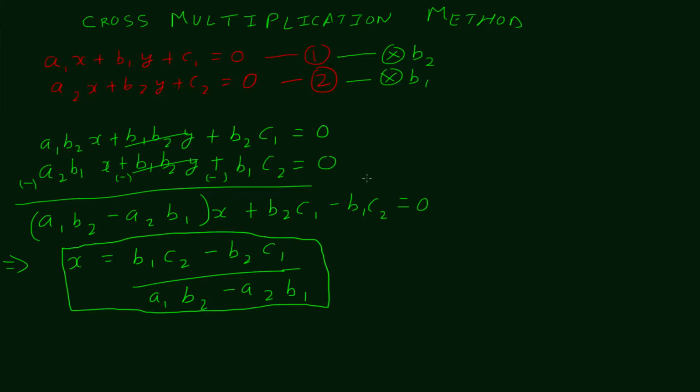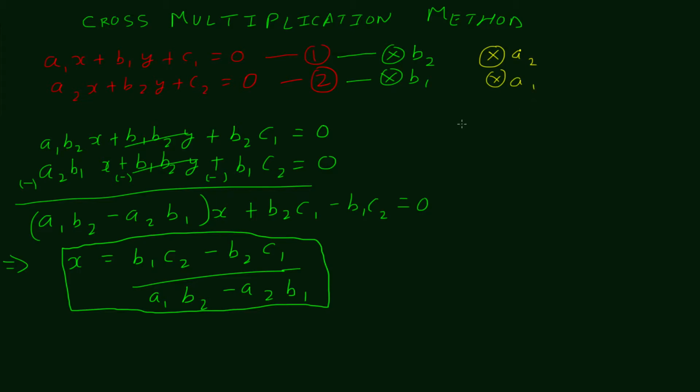In order to solve for y, we can either substitute x back into equation 1 and then solve for y, or we can do one thing which would be better, which is to just eliminate variable x. So in order to eliminate x, we multiply the first equation with a2 and the second equation with a1. So instead of multiplying with b2 b1, we multiply with a2 and a1.